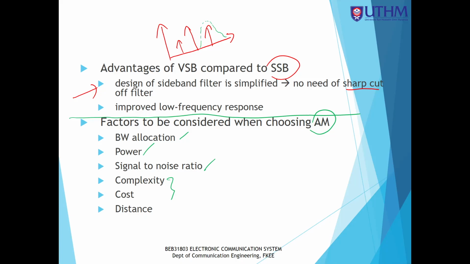Less complex and less cost is for the double sideband full carrier. What about distance? In terms of distance, you can use double sideband suppressed carrier or single sideband, which can be used for long distance transmission with a good quality of signal.